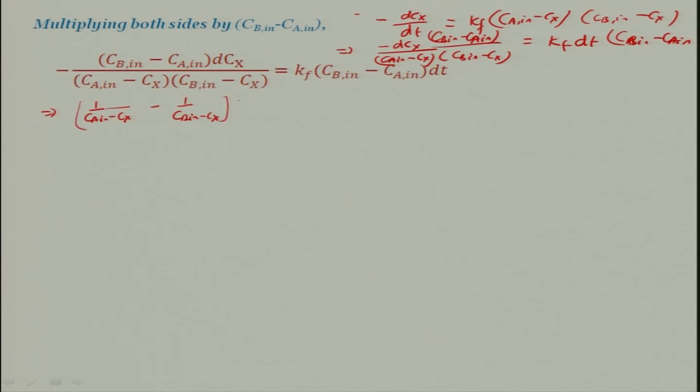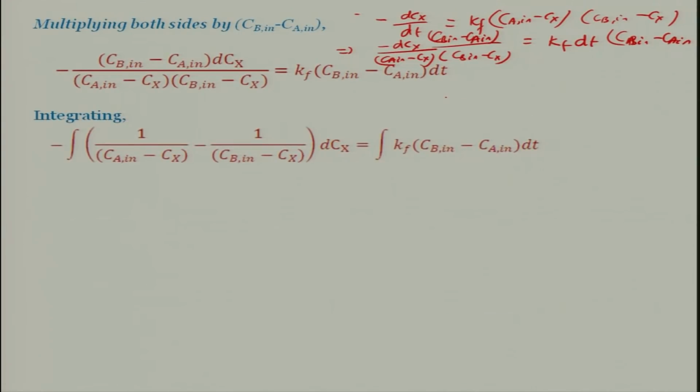Of course, there will be a minus sign here, dCx is equal to Kf times (Cb in minus Ca in) into dt. Yes or no? So, then I will integrate it.